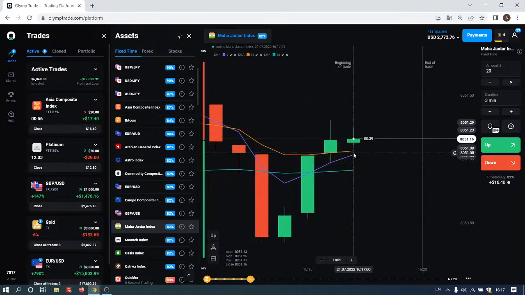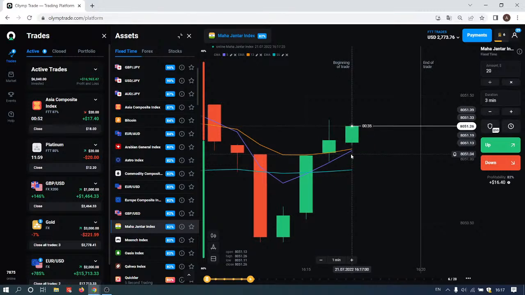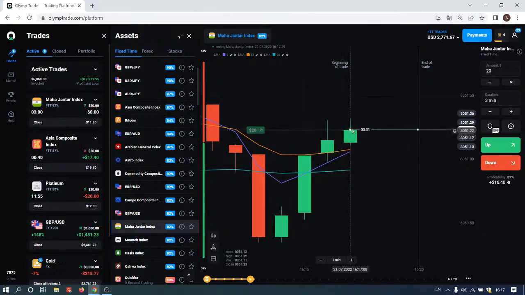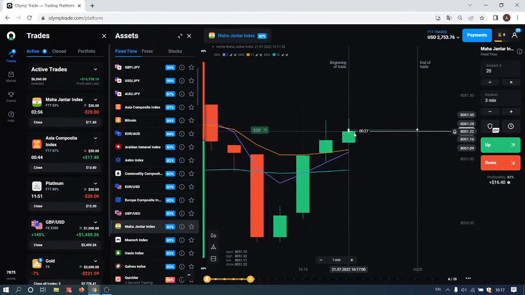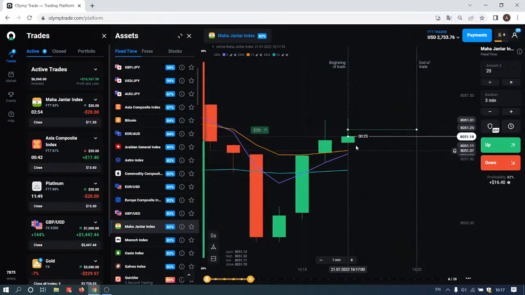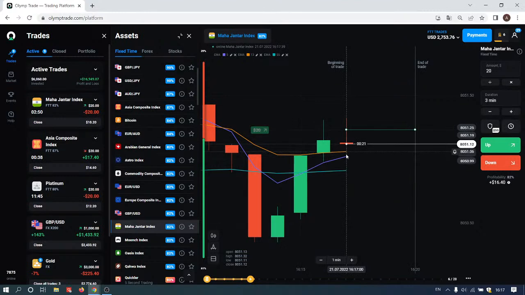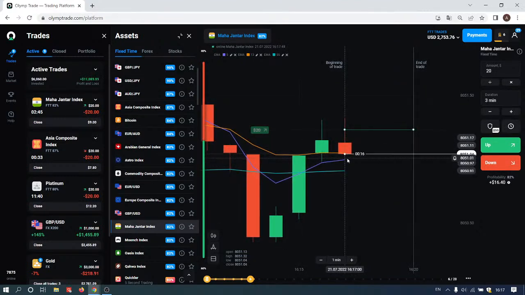So let's watch this asset closely, Mahajantar index, and we're about to see how the 5 EMA crosses the, yes, the crossing has happened, we saw it. Even though of course before this candlestick closes they might be jumping up and down all the time, so it might be changing its position.